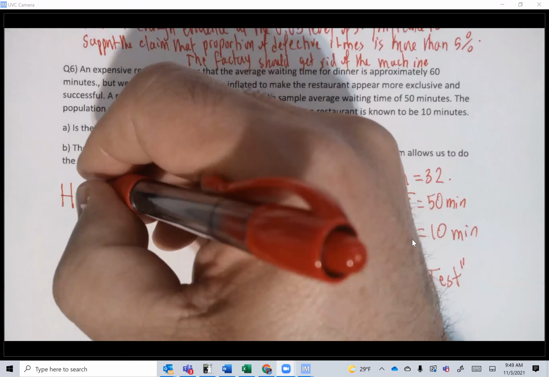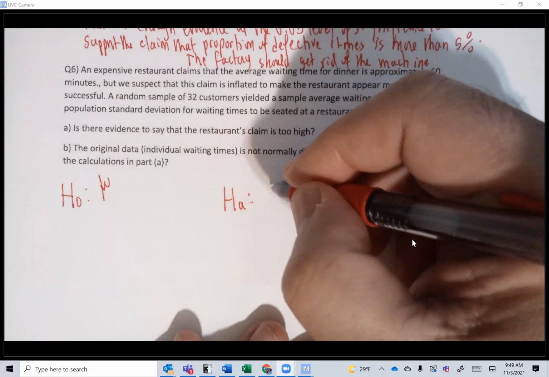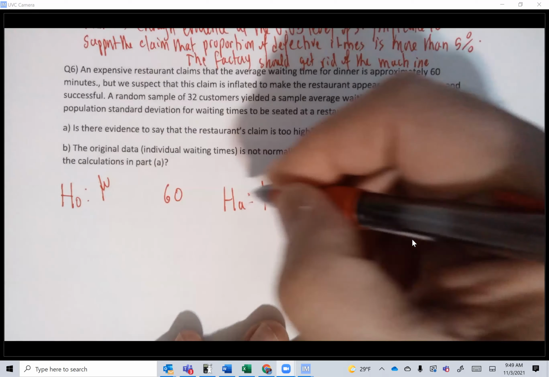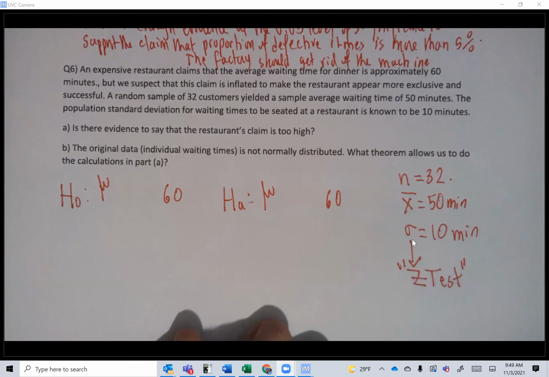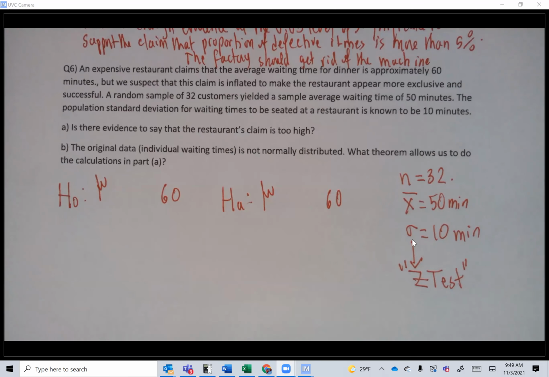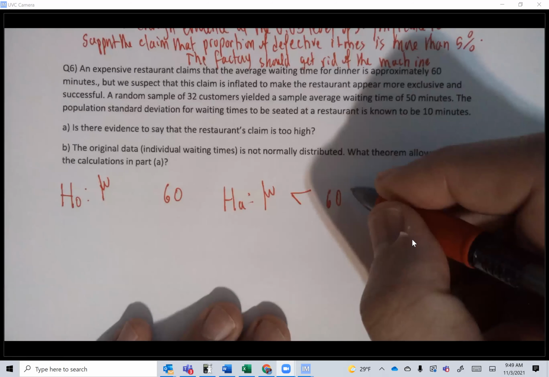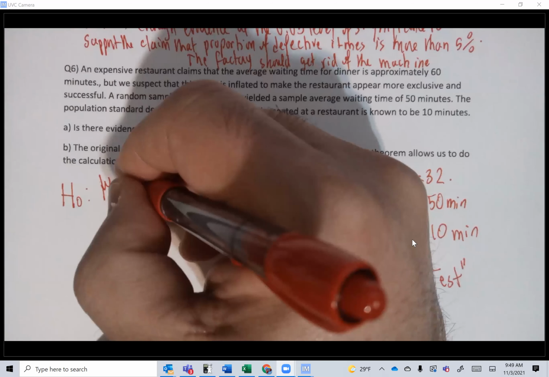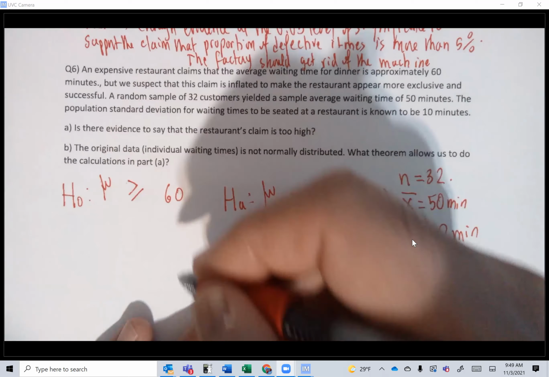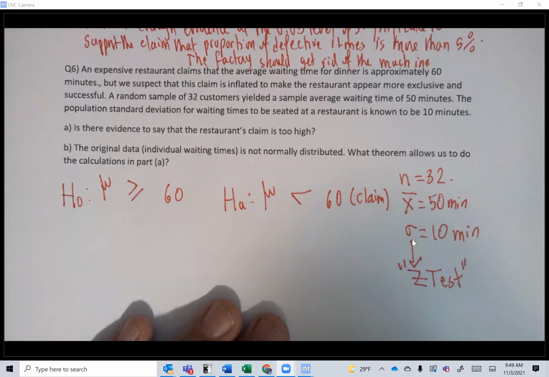Okay, I'll just give you a hint. They're saying it's 60 minutes. We don't think it is. What would go here, guys? Less than. Less than 60, exactly. That's what we think. We're not studying their claim. We're studying our claim that we think this number is inflated.